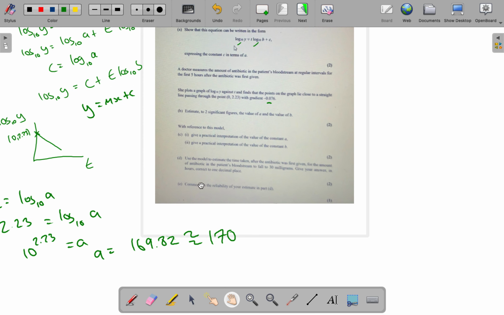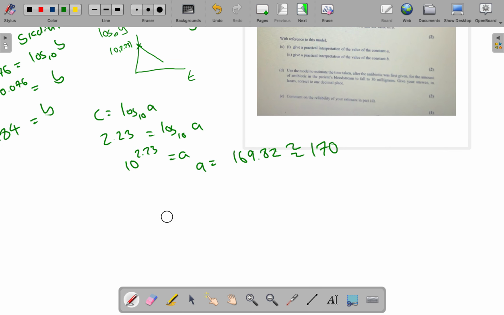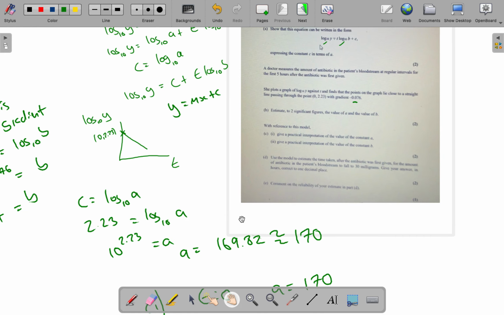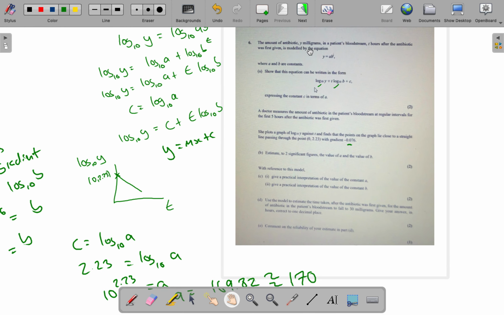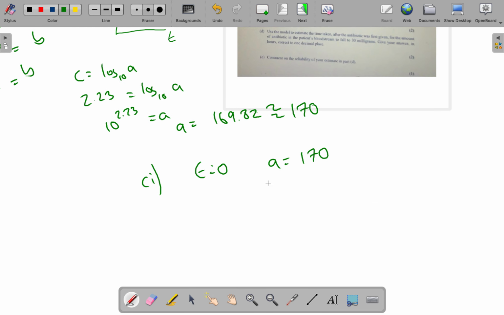So we get our value for A and B, and then give a practical interpretation of the value of the constant A. So A is, essentially, A is when t equals 0. So when t equals 0, A is 170. Well, this means that, remember, the y-axis tells you the amount of antibiotic in milligrams. So for this one, you need to actually read the question and then determine what it is saying.